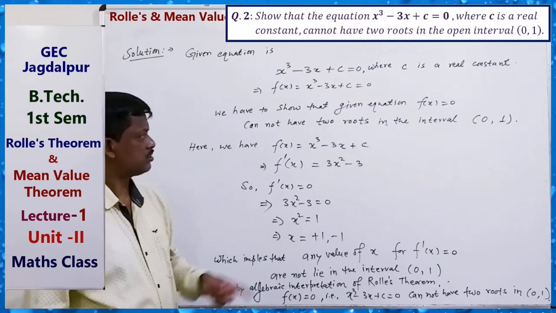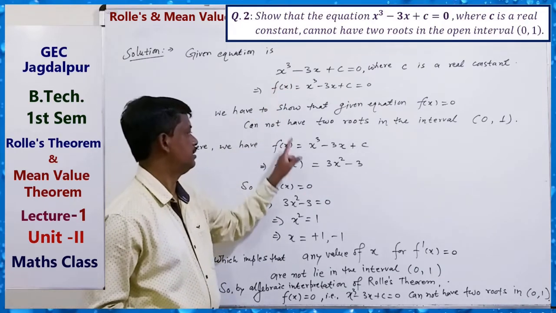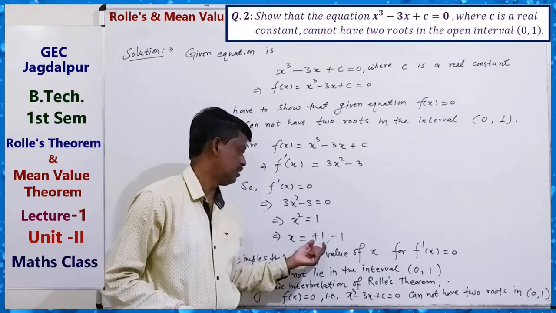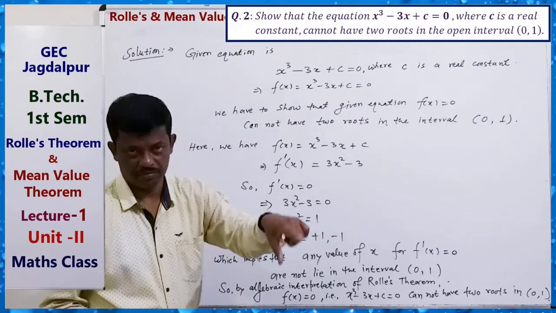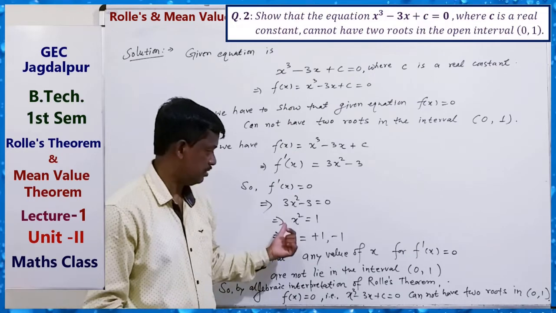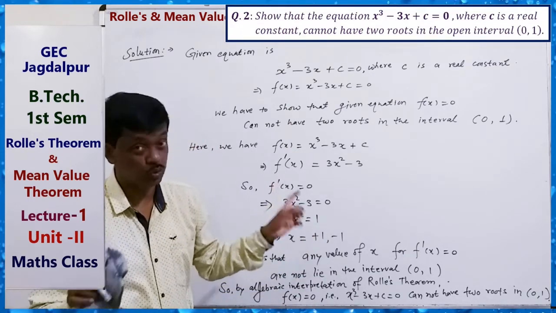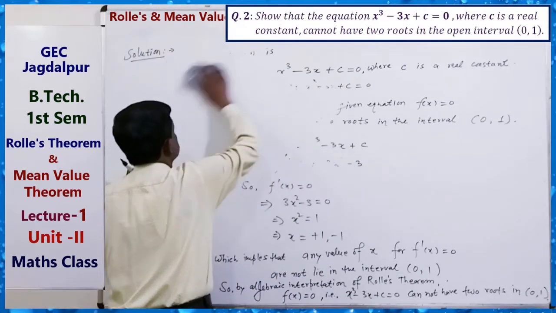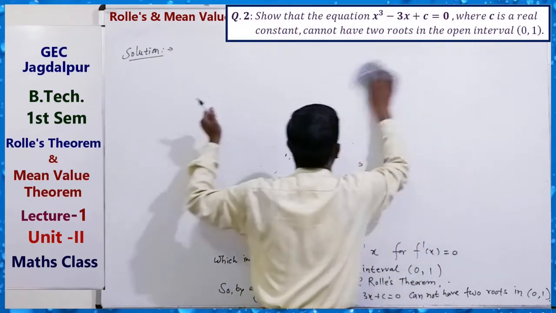For solving this type of question, we have to find the derivative of f(x), set the derivative equal to 0, and solve it. If any of the values lies in the interval, then we can say the equation can have two roots. But if no value lies in the interval, then it cannot have two roots. So this is the use of the algebraic interpretation of Rolle's theorem.